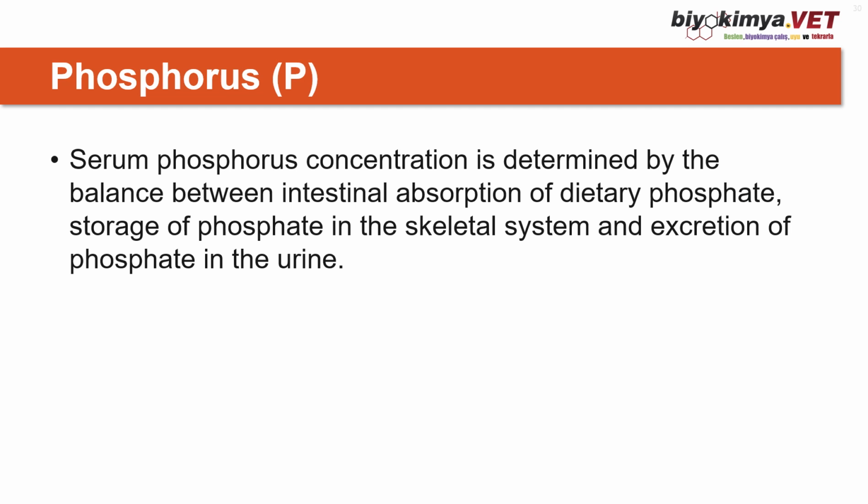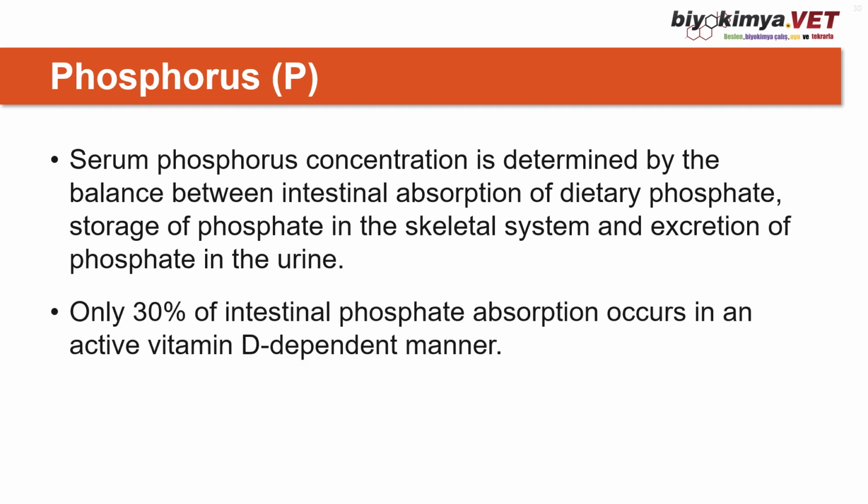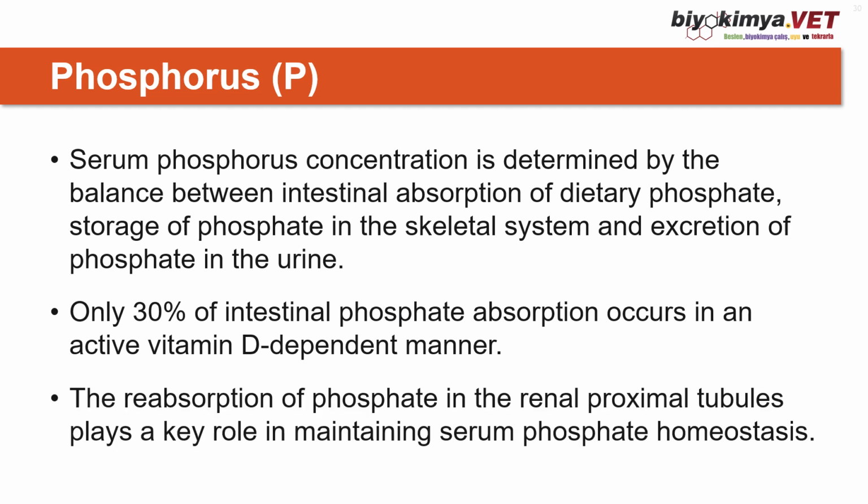Serum phosphorus concentration is determined by the balance between intestinal absorption of dietary phosphate, storage of phosphate in the skeletal system, and excretion of phosphate in the urine. Only 30% of intestinal phosphate absorption occurs in an active vitamin D dependent manner. And the key role in maintaining serum phosphate homeostasis is played by the kidney.